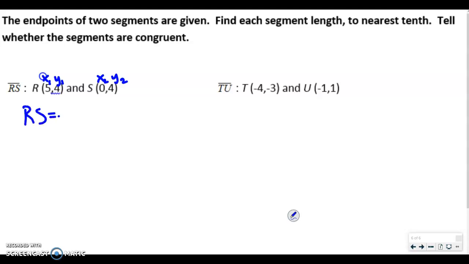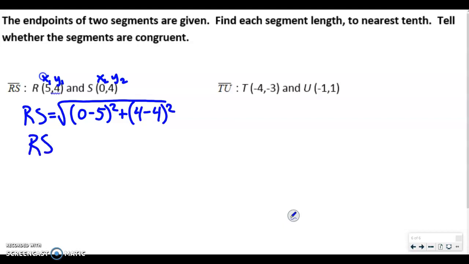So RS equals a long square root sign. We have X2, which is 0, minus X1, which is 5, squared, plus Y2, which is 4, minus Y1, which is 4, squared. So we have negative 5 squared, 0 minus 5 is negative 5, and then 4 minus 4 gives us 0.